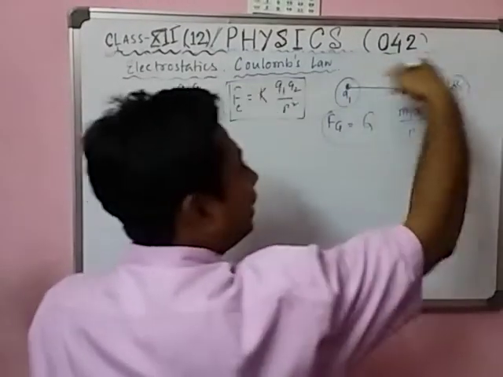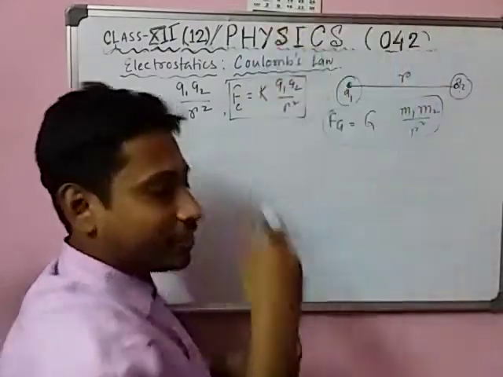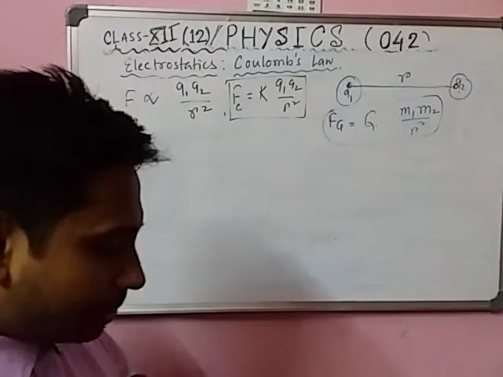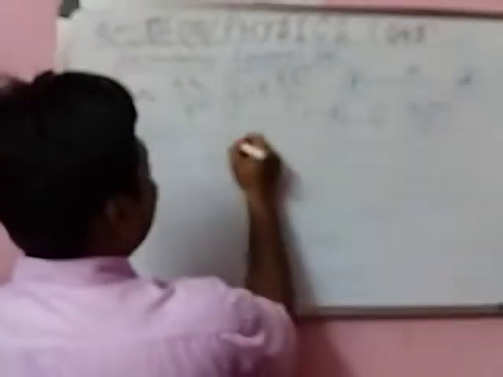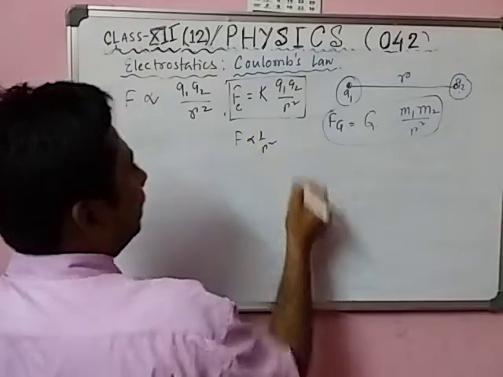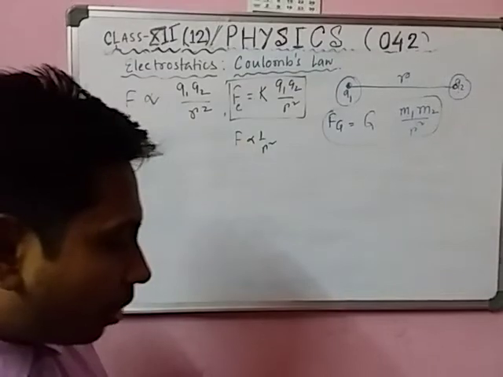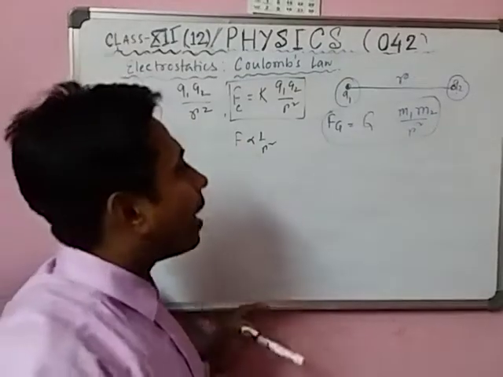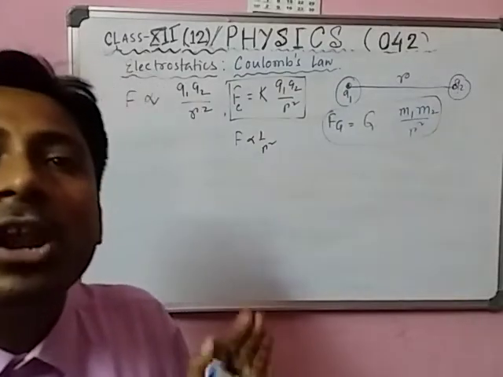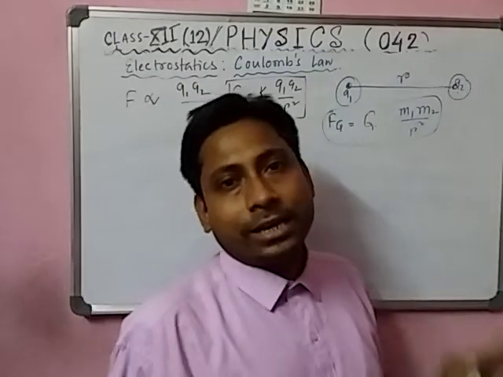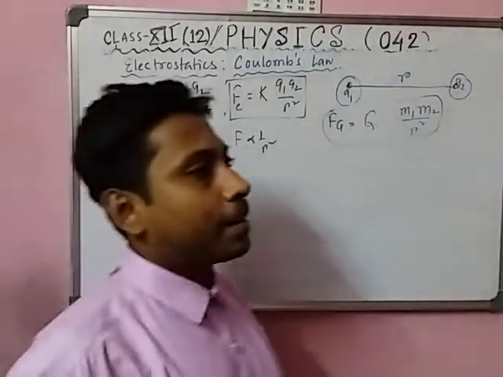And number three, both follow the inverse square law, 1 by r square here, and 1 by r square here. So both follow the inverse square law of distance. Got it, students? These are the similarities.